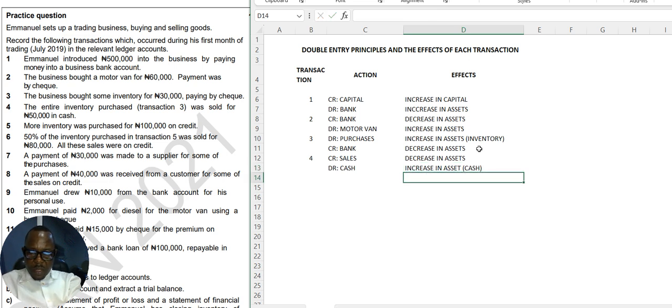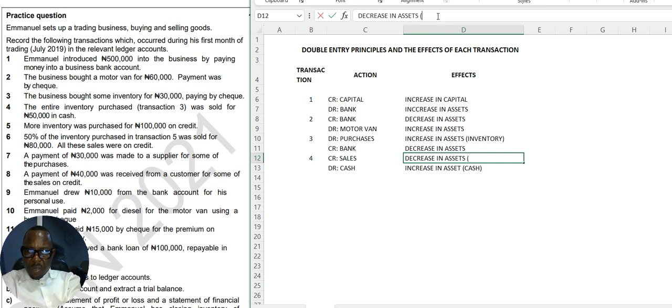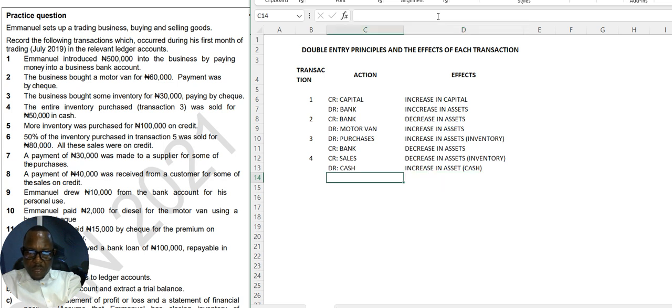This decrease in assets is a reduction in your inventory. If you make sales, your inventory is supposed to reduce, so it decreased.